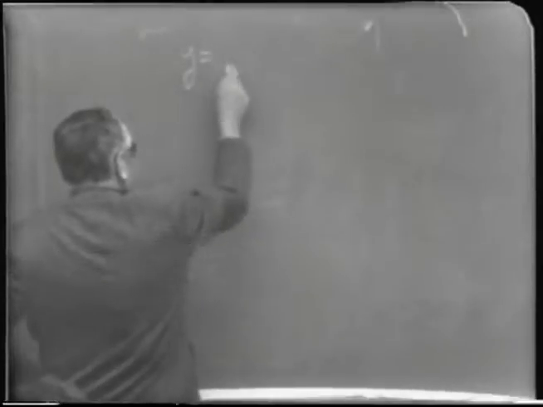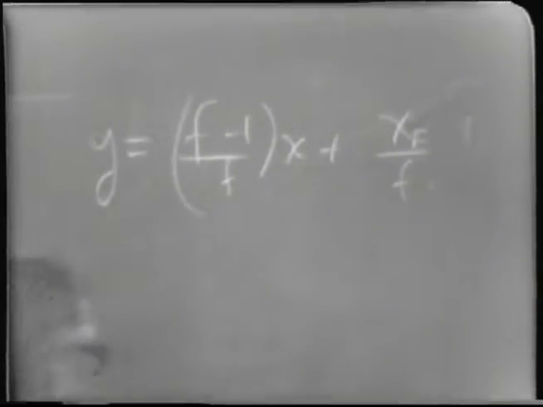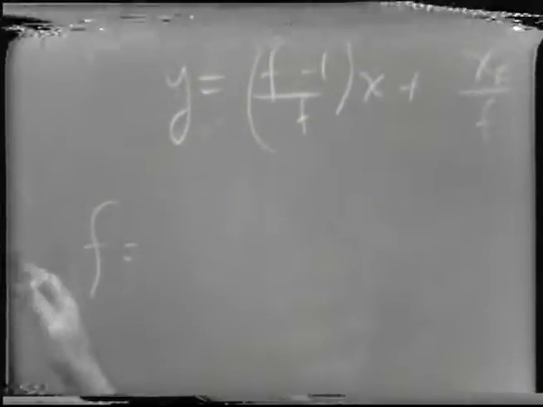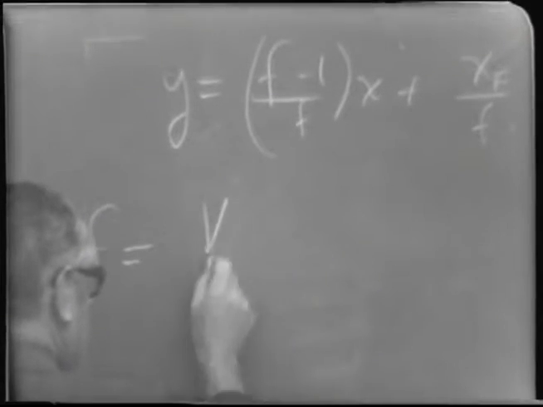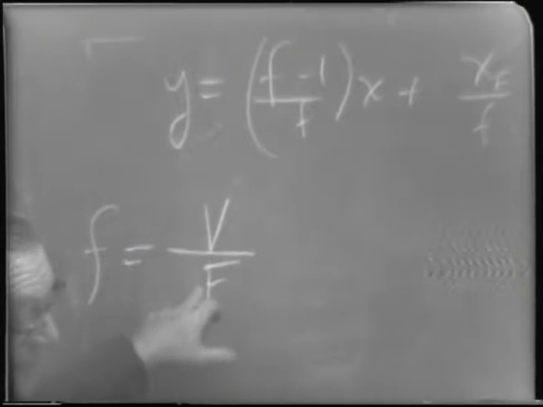relating y to x: y is equal to (f minus 1) over f times x plus x sub f over f, where f is simply a symbol for fraction vaporized, which of course is simply the amount of the vapor divided by the amount of the feed.